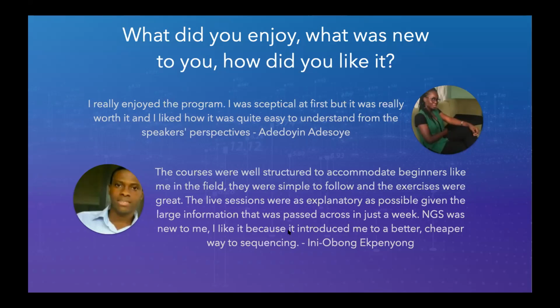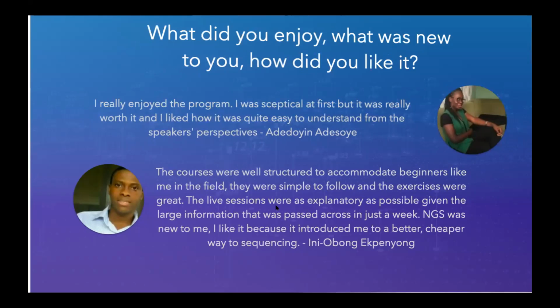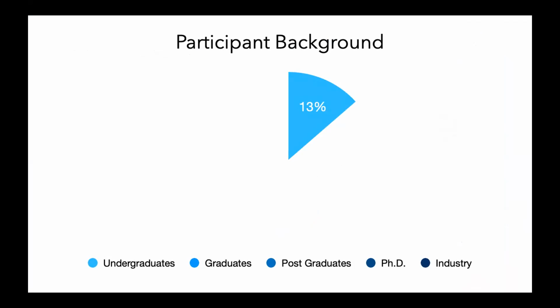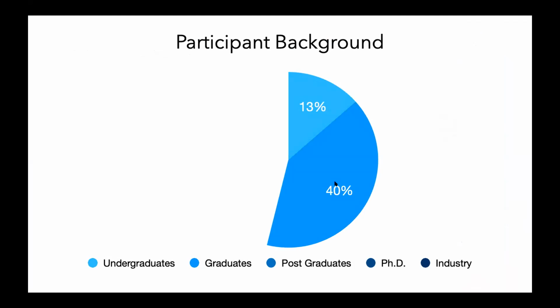We also did a survey of the different participants, and we wanted to see who are the different people who are joining us. So we found out on this survey that we had 13% of students who came from undergraduate studies. We had 40% graduate students or who are pursuing the graduate studies.